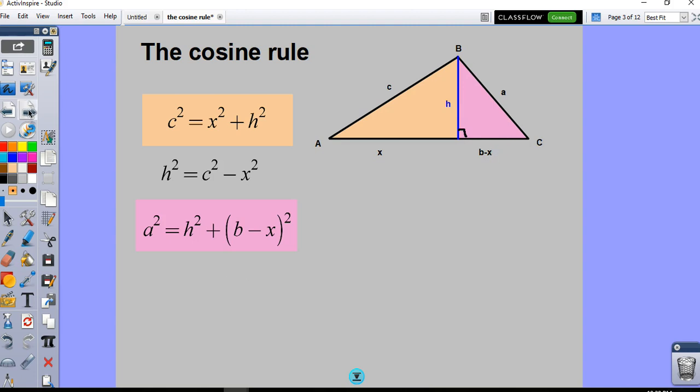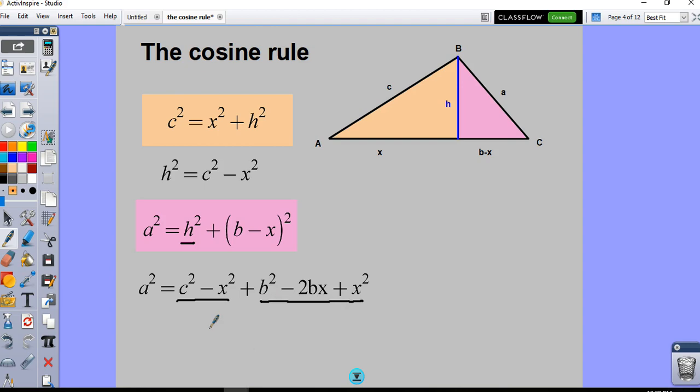If we expand that and replace h squared by c squared minus x squared, we have c squared minus x squared, and the expansion of (b minus x) squared is b squared minus 2bx plus x squared.